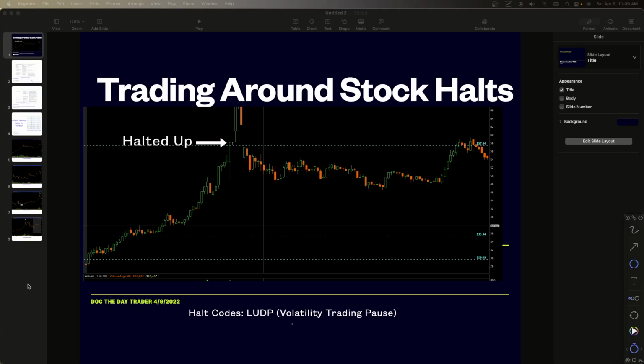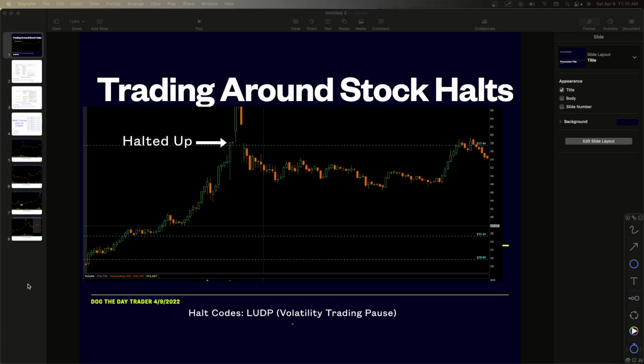To break that down, within a rolling 5-minute time period, if there's ever a price that deviates 10% or more, that's going to create a volatility halt.